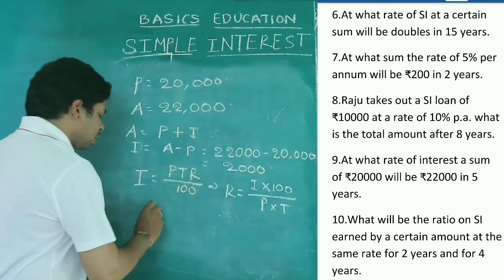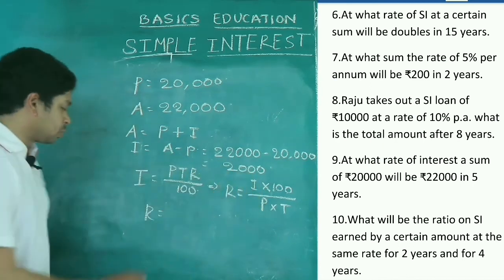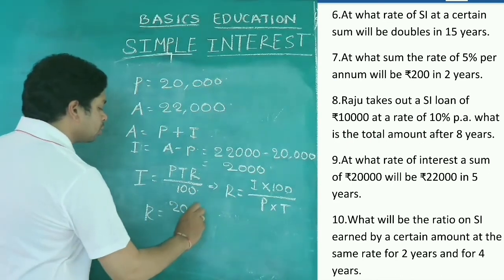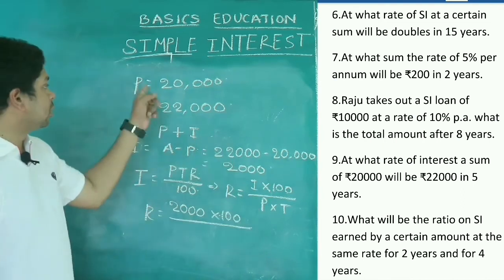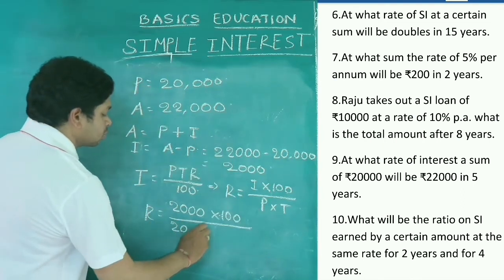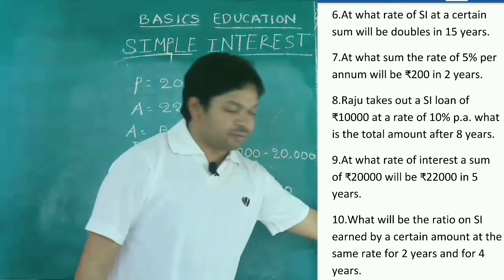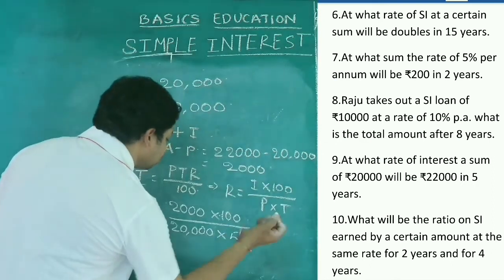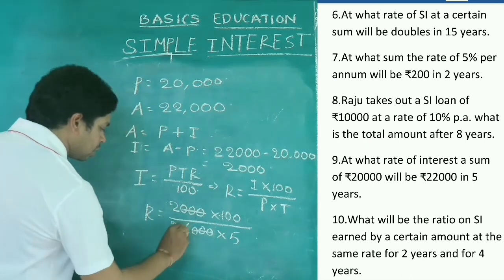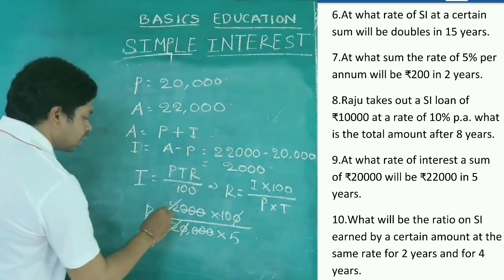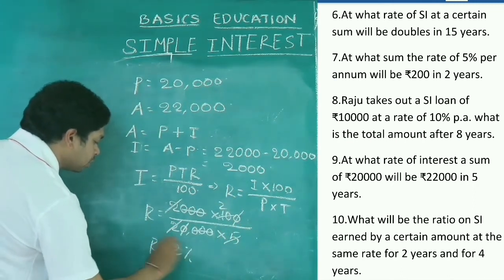He earned 2,000 rupees. 2,000 rupees into 100 by what is the principal amount, that is 20,000 rupees, into time. What is the time he has given, that is 5 years. So we have to take 5 years as the time. So by cancellation, three zeros are cancelled and 5 here 2 times, that is R equal to 2% per annum. 2% per annum. Okay.